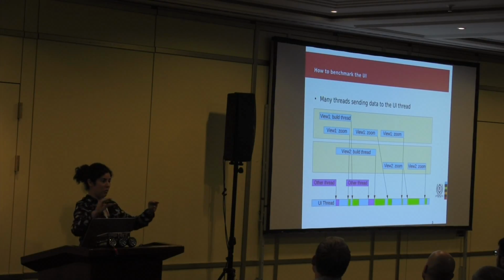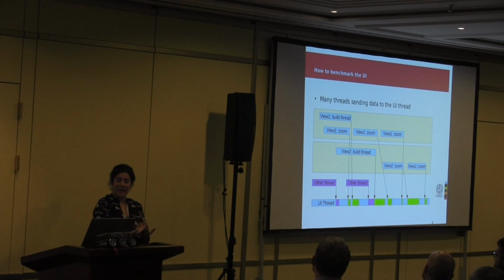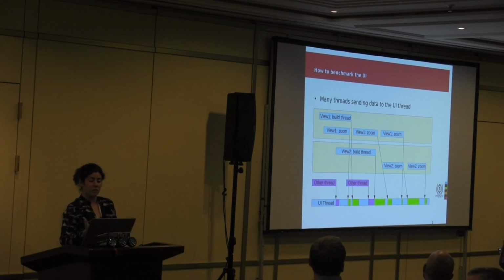We have one UI thread that is running, and it is being sent tasks to run from the different other threads. So whenever one of those tasks takes too long to run, we will experience a freeze of the user interface. And we also have the different views of the UI.